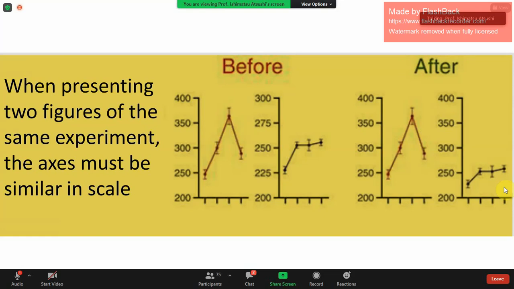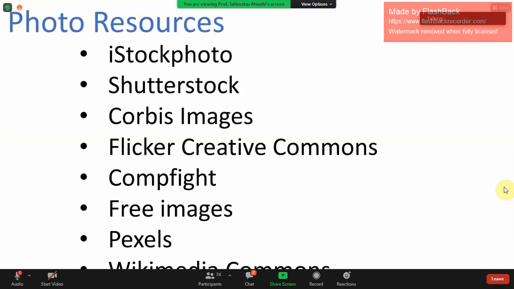These are about figures. Okay, and graphics or photos. There are many internet resources, and I just picked up those several sites. If you are interested, you go there and take a look.